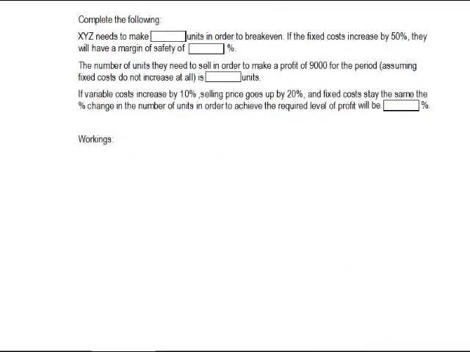XYZ needs to make number units in order to break even. If the fixed cost increased by 50%, they will need to have a margin of whatever percent. So we need to fill in the blanks there. So first thing to work out is the break-even point. We know that the break-even point is going to be our total fixed costs divided by the contribution per unit.